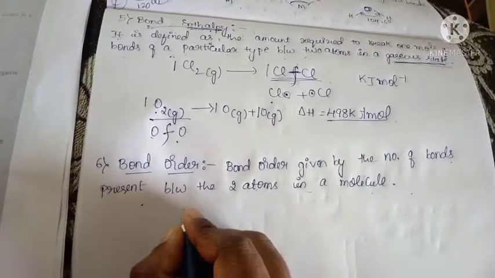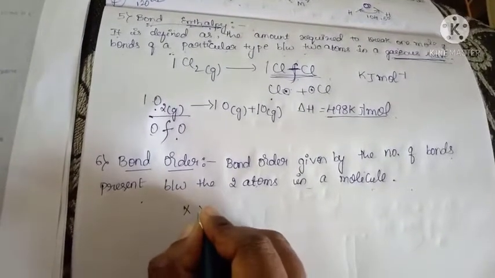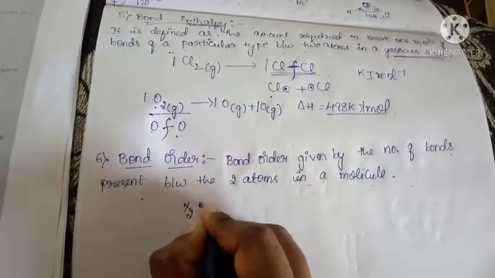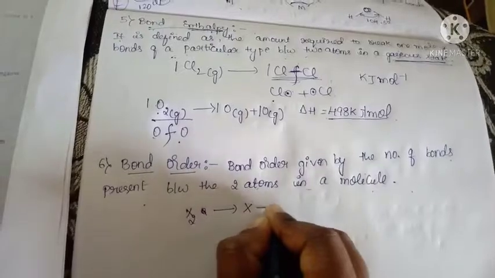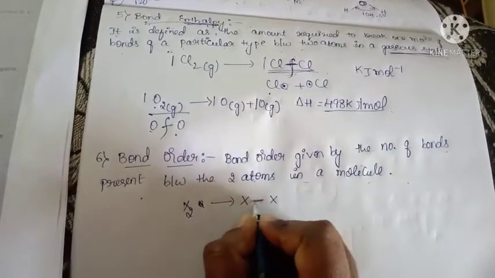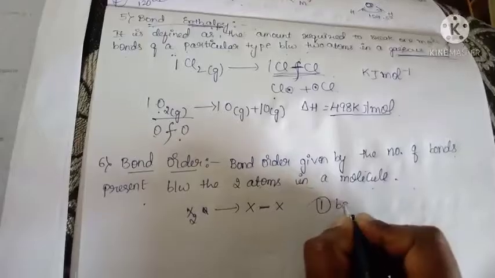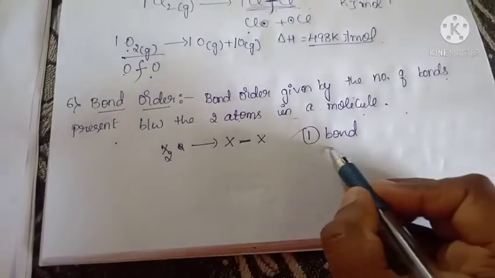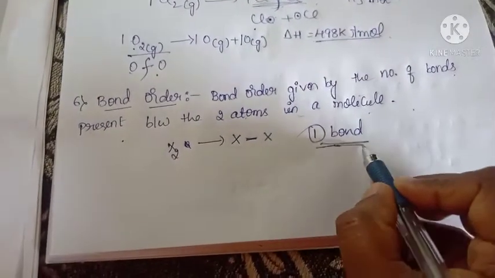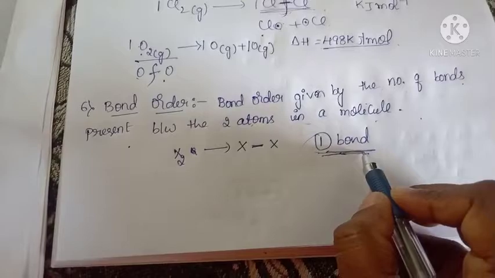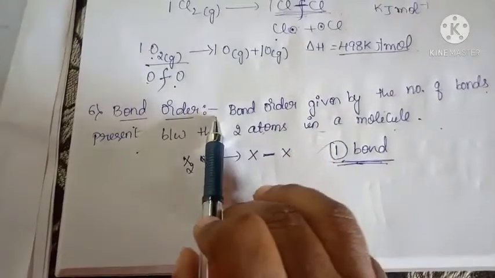Okay, here we are giving X-X. An X2 molecule forms only a single bond. How many bonds are there? Only one bond. This is given by the bond order.